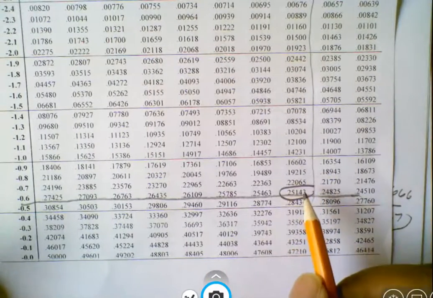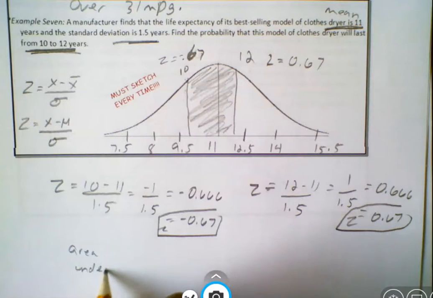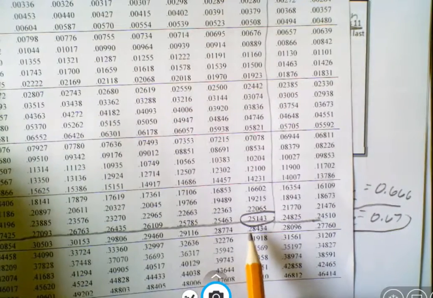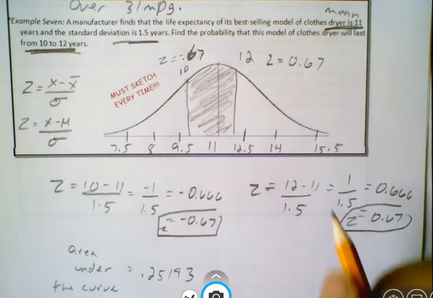So 0.25143 is the area under the curve, or the probability. Keep in mind, area underneath the curve, or probability, or percentile all mean the same thing.